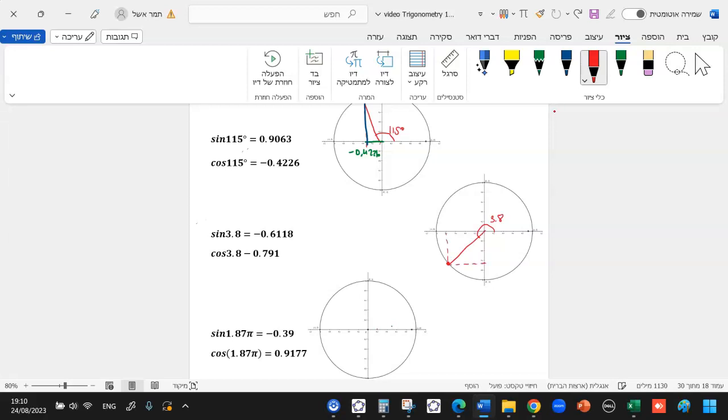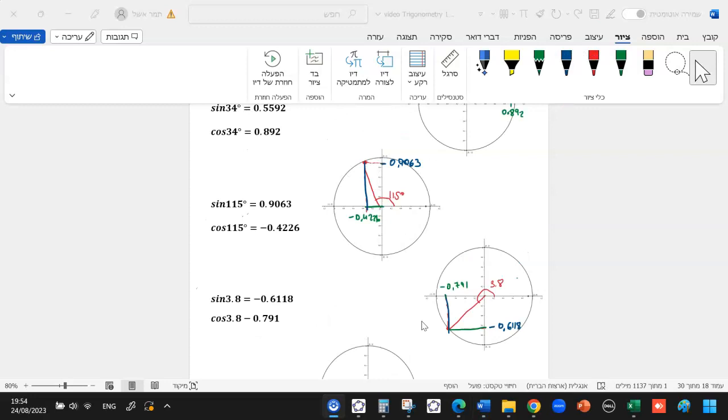The sine is the y coordinate. It's around here. Negative 0.6118. And cosine is the x coordinate, which is here, negative 0.791. Here, both the values of sine and cosine are negative.